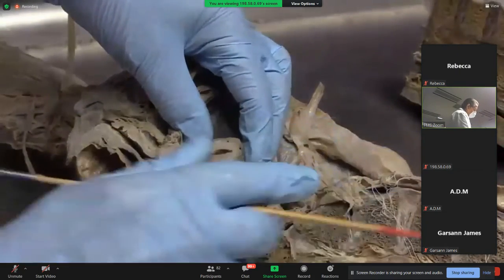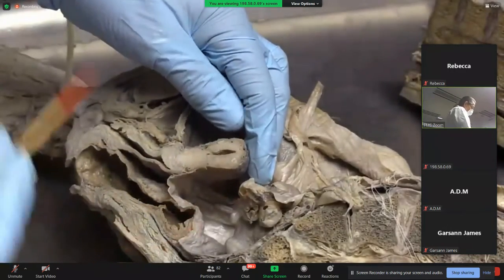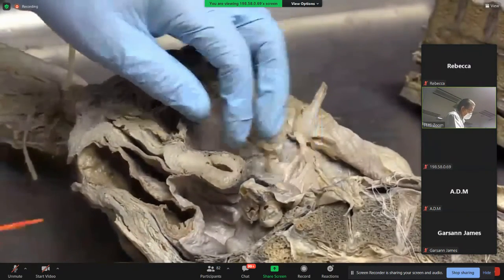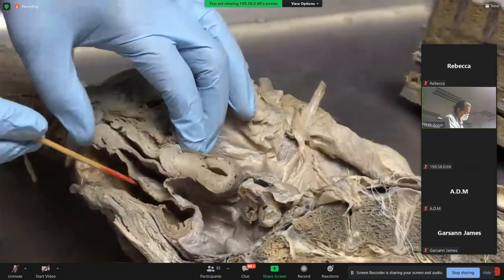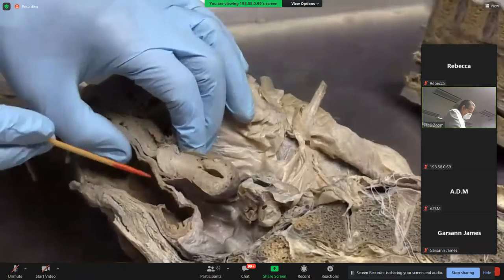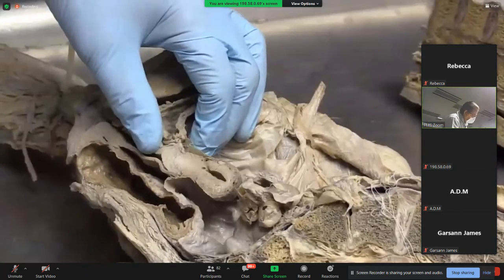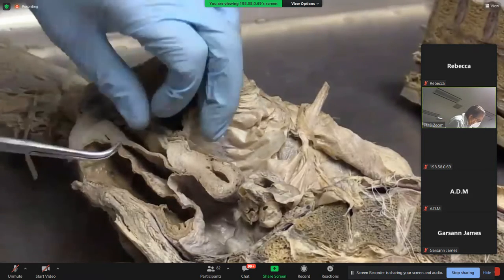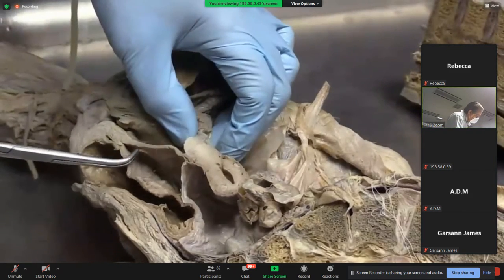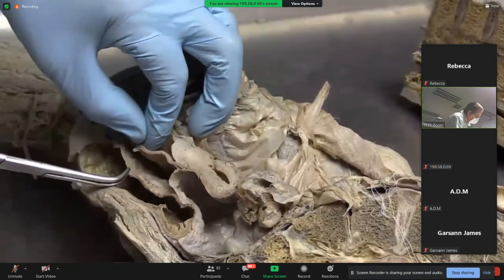The upper part of the rectum is going to be the same as in the male, right? Sigmoid colon, small bowel. When you come down here now, it's the vagina. The lower part is the vagina. And in between, there's a fascia, really a septum, which separates the vagina and the rectum.